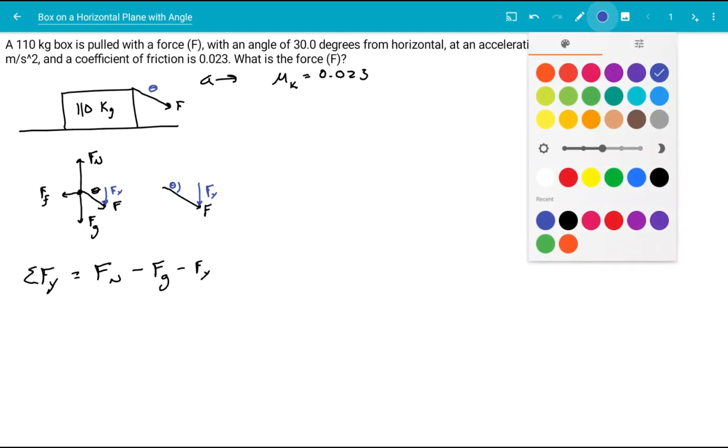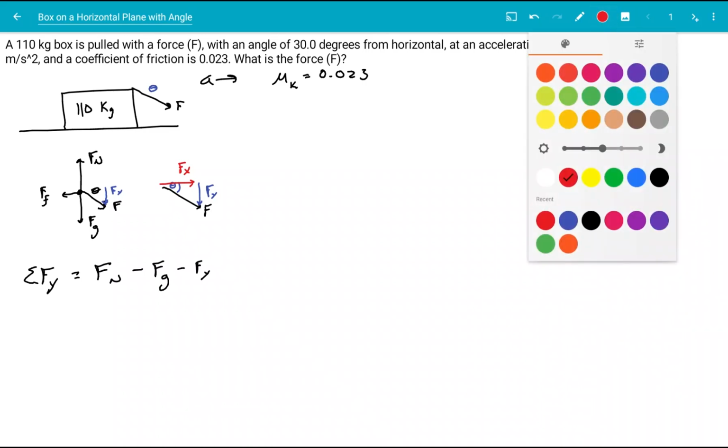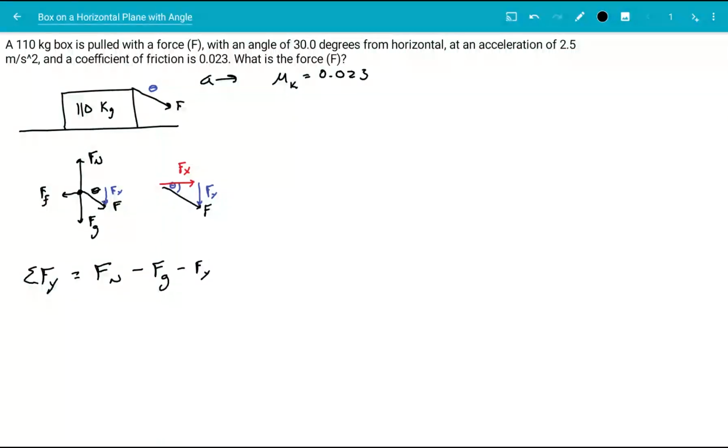You might probably be thinking, oh, is there one in the x direction? Yep, there's a component in the x that we'll call Fx. That's based on theta because that's the adjacent. So let's continue on. Since the box is neither going through the floor or surface and not going upward, acceleration equals 0.